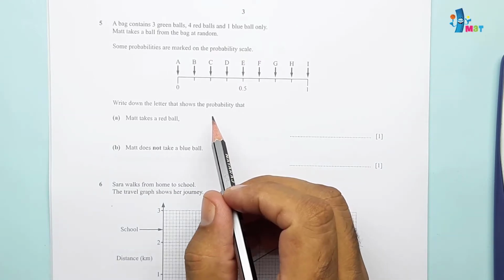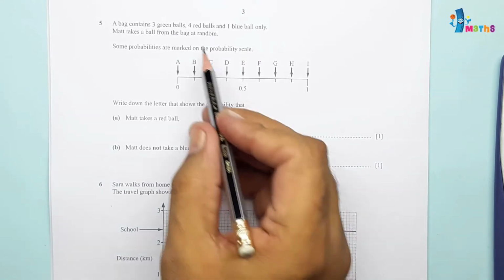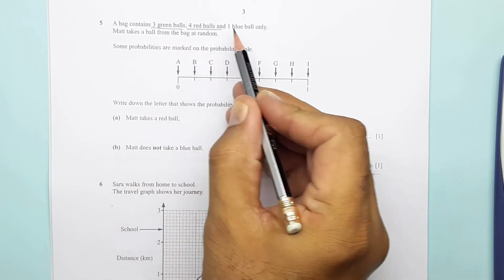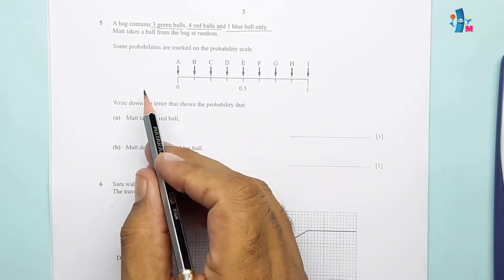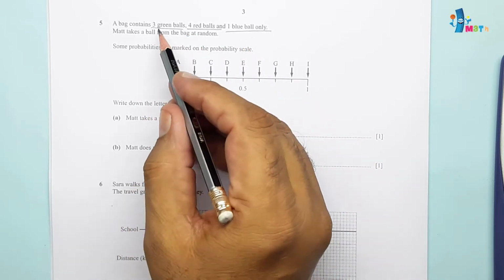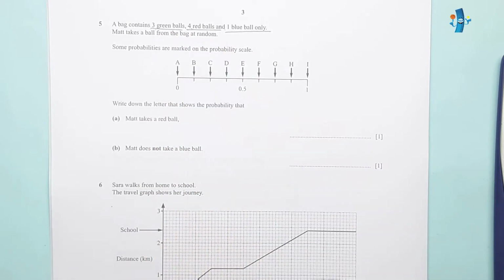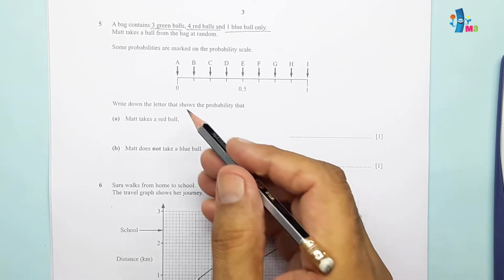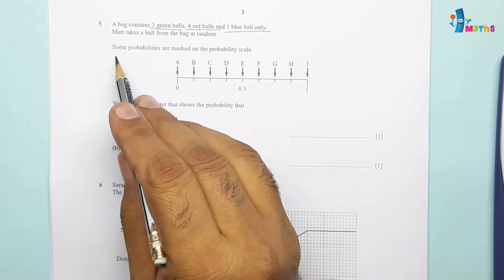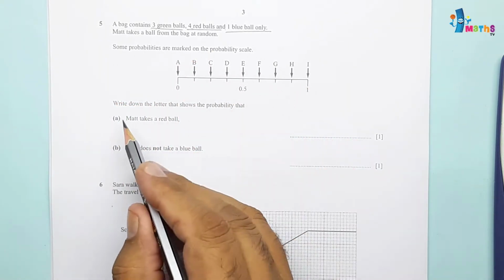Probability question. A bag contains 3 green balls, 4 red balls and 1 blue ball. So the total is 3 plus 4 is 7, plus 1, so 8 balls. Matt takes a ball from the bag at random. A probability scale is given.